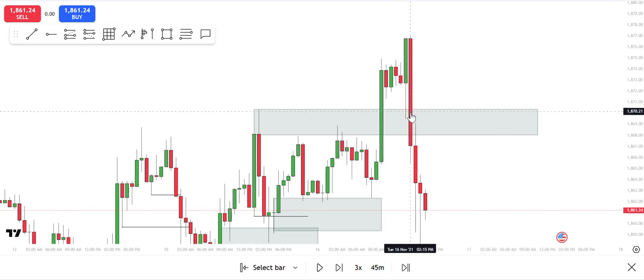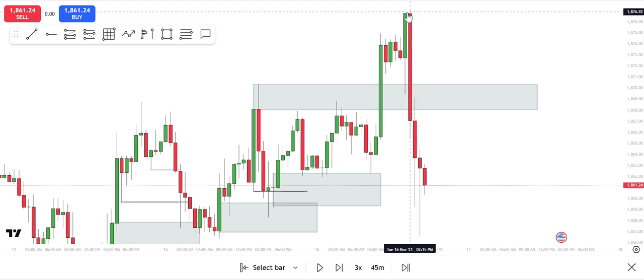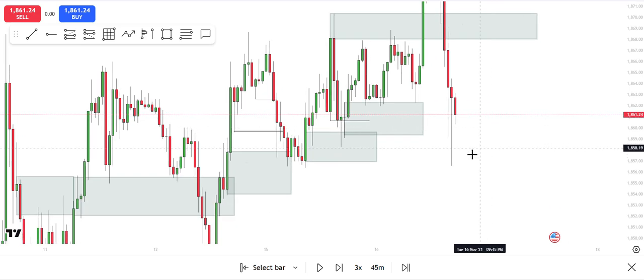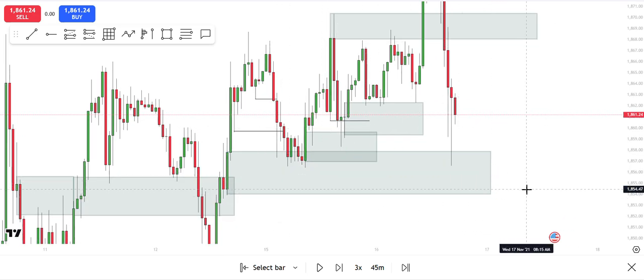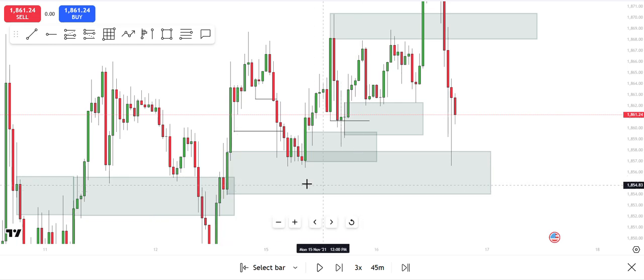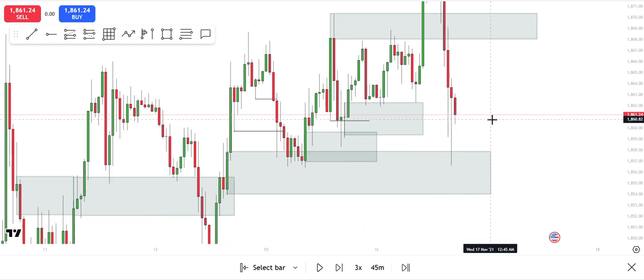So you see from here that price tapped into it the first time, created this bullish candle, and then we sold from there. That was a heavy sell, if you can see, and the price retested it again and then sold further. And so we look at this zone here that we were able to buy from. See that price used the zone again, tapped into this.